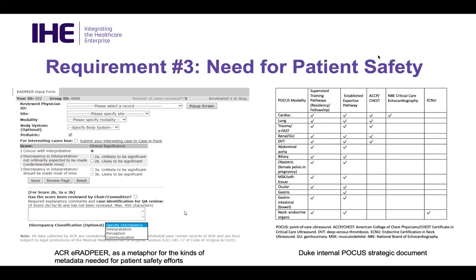And I'll tell you, from turning on quality improvement projects and peer review projects across my institution for point of care ultrasound, that having various pieces of metadata in the medical record to specify specific providers and the quality of their work is vitally important.